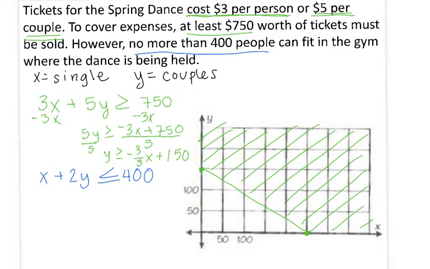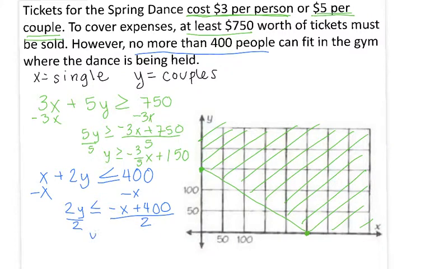Now we need to do the blue problem. We need to get y by itself. So we're first going to subtract x from both sides. We will have 2y less than or equal to negative x plus 400. Divide everything by 2.